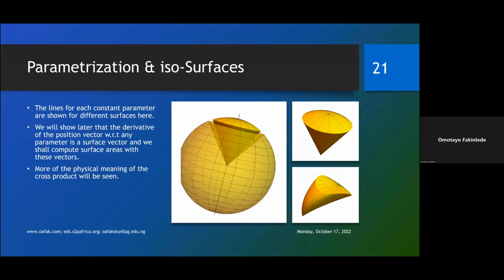So we have now reached page 21, where we can now talk about the parametrization of isosurfaces, and one example we have here is, in this example, I am guided by me buying oranges at the second gate.